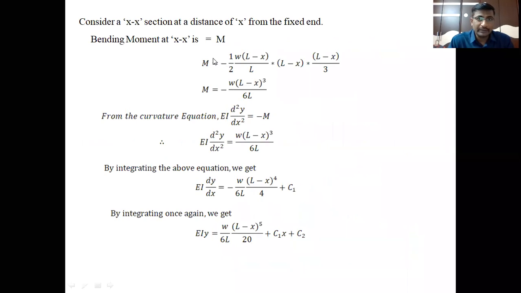So M equals minus half into W into (L minus x) by L, into (L minus x), which is the load, into (L minus x) by 3, which is the distance. What does the minus sign represent? The minus sign represents clockwise moment about the XX section.